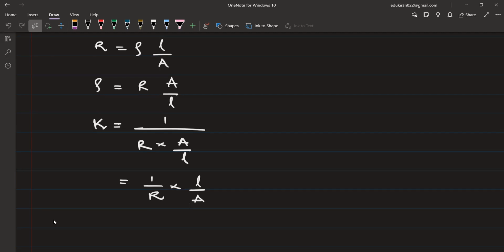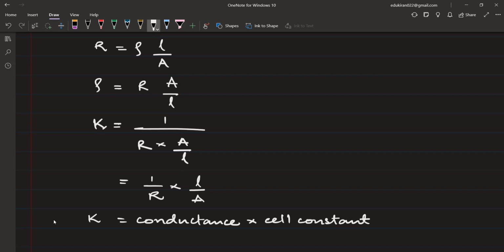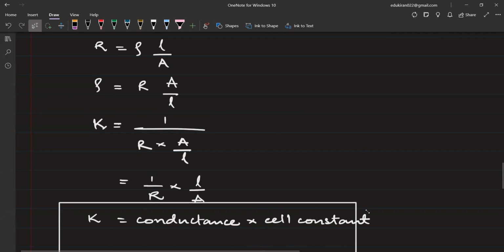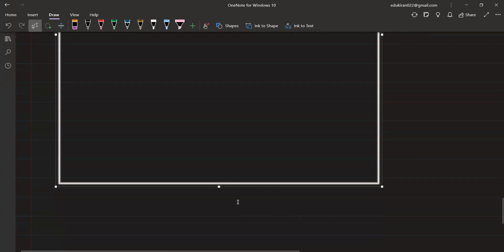What is 1 upon R? This is conductance. L upon A is known as cell constant.